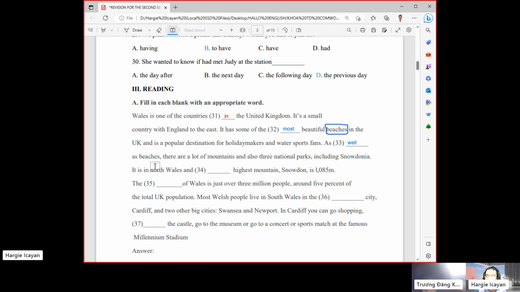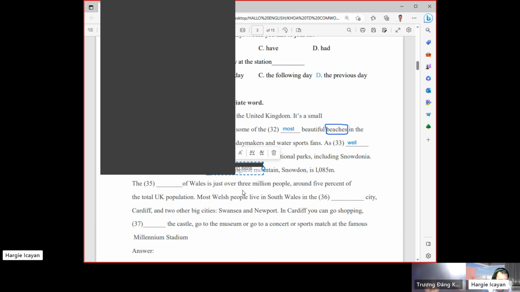As well as what is concerned, right? And then after that, it is in North Wales and the highest mountain.